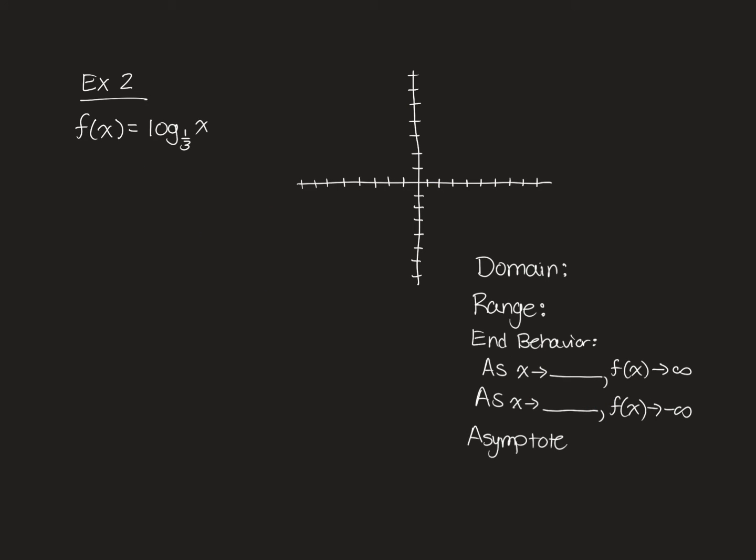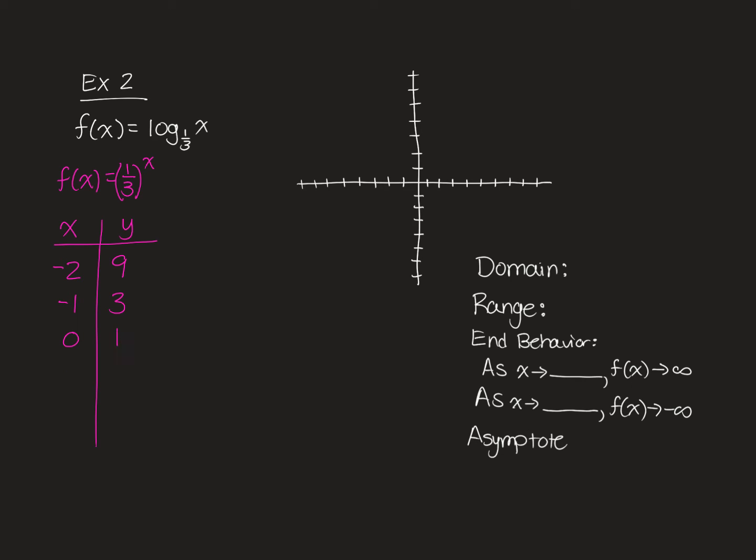Let's look at another example. We have f of x equals log base 1/3 of x. If we graph the inverse, that would be 1/3 to the x. If you were to make a table of values, at -2, you are at 9. At -1, you're at 3.